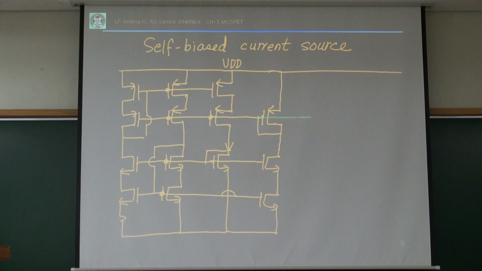My startup circuitry has some small MOS transistors there, to flow current there. Let's just see. Oh no, I think this is something like that. Yeah, this used to be my startup circuitry.